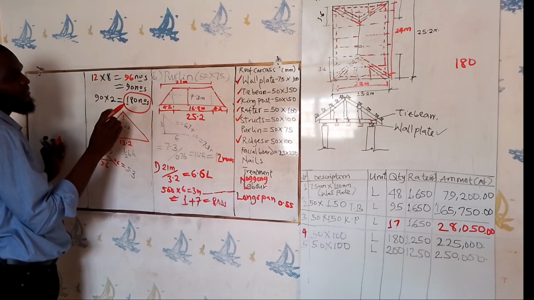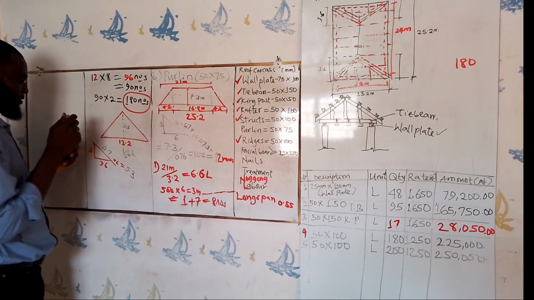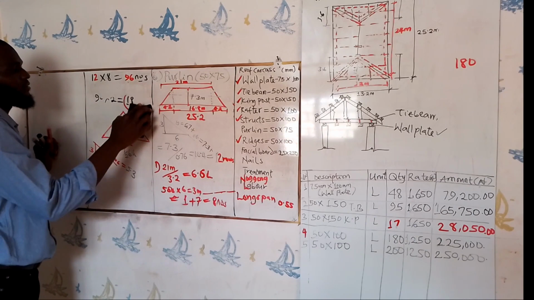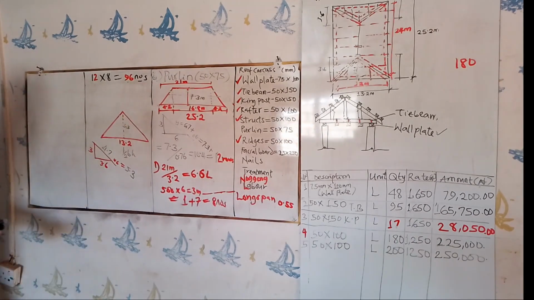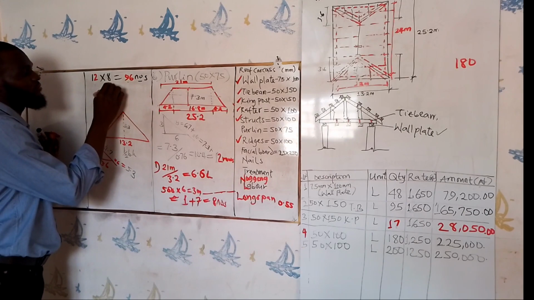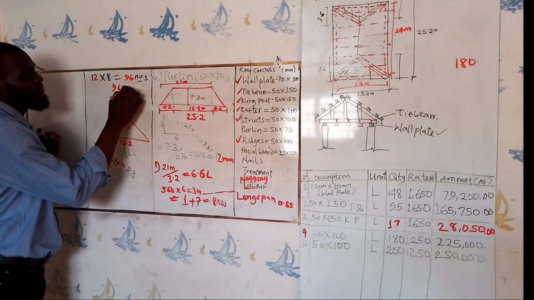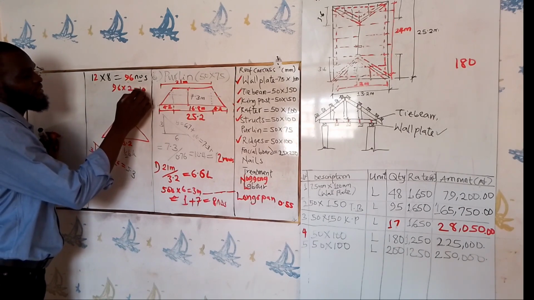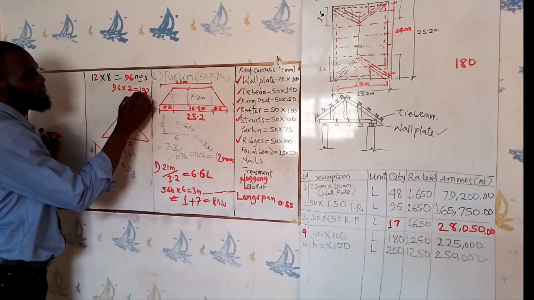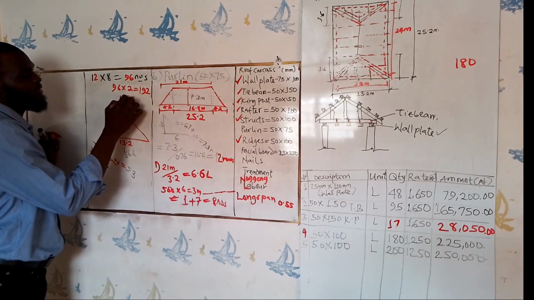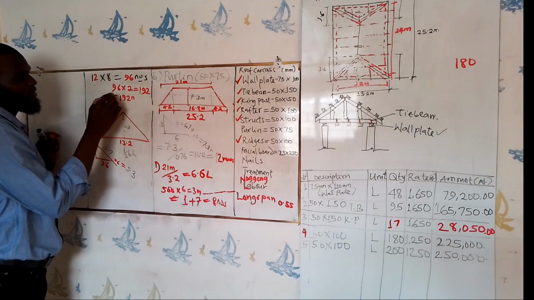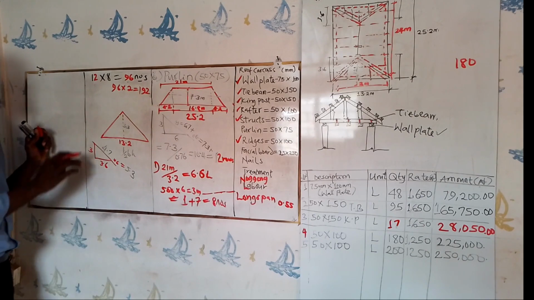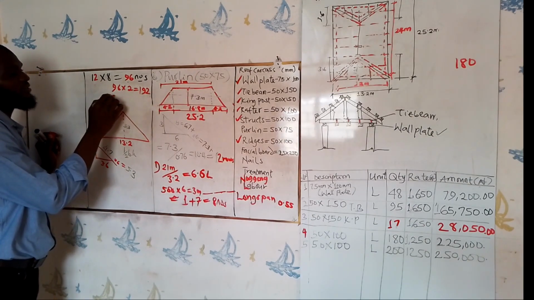So 96 times 2 numbers, you can say 200. Now consider all the cuts and the irregularities.